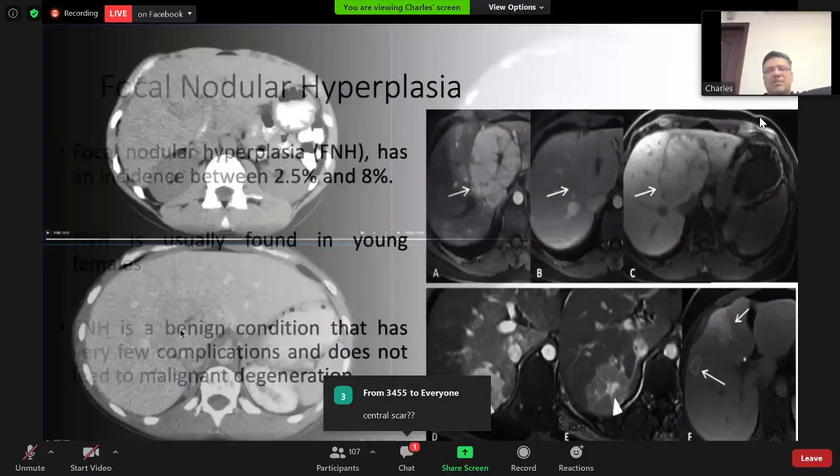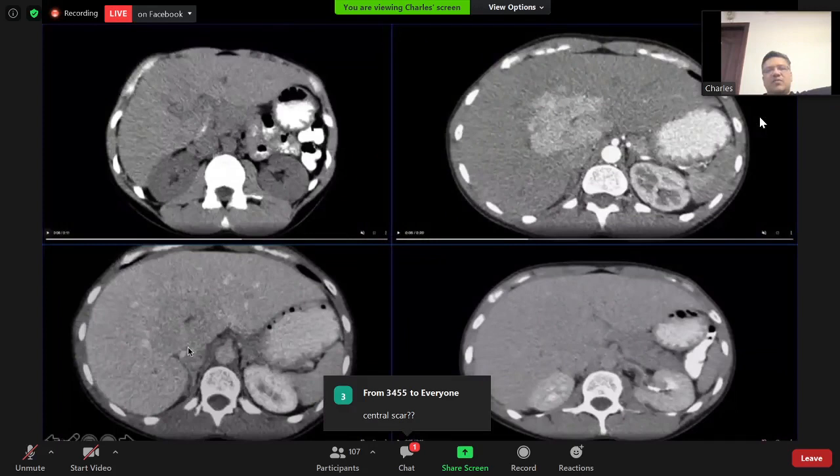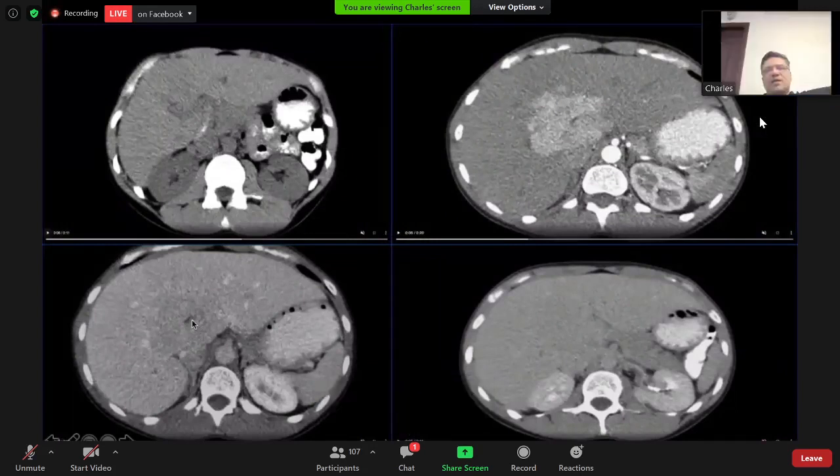When it comes to the portal phase, again, it's becoming isoechoic with the liver. And you can see the central scar here. And in the delayed phases, you are not seeing that lesion. You can't call it a washout. It's becoming isoechoic with the surrounding liver. It's merging with the surrounding liver. And the scar tissue is retaining contrast here. You're not seeing the scar tissue in the delayed phase.